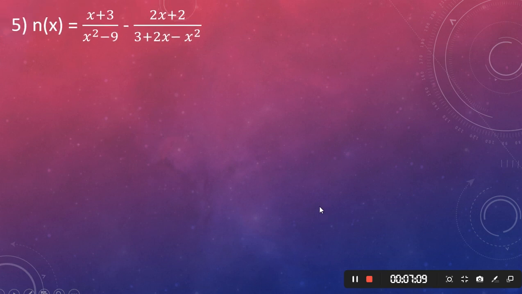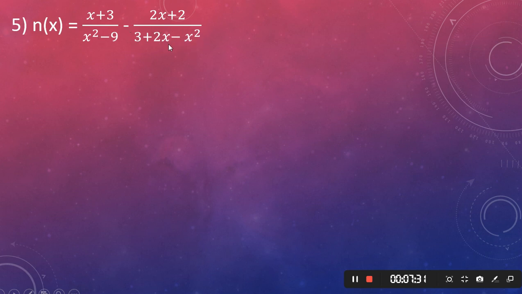Page 49, example 5. N of x equals x plus 3 over x power 2 minus 9, minus 2x plus 2 over 3 plus 2x minus x power 2. This expression should be arranged in descending order.